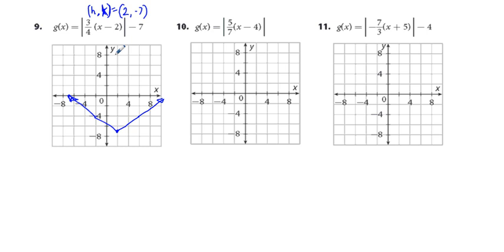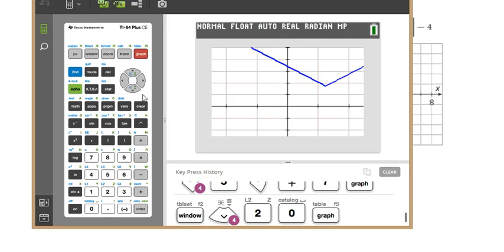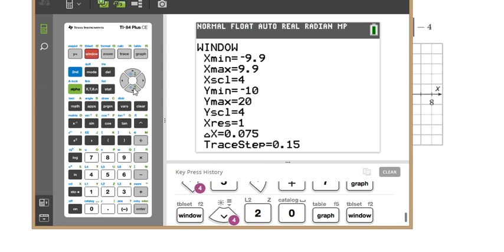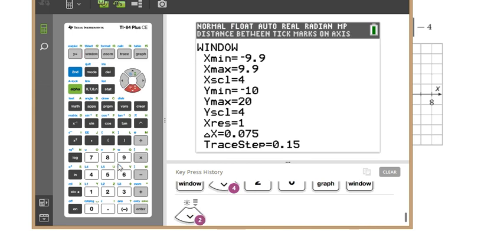And again, we're going by 2. So I'm going to change the aspect. We'll go from -10 to 10 and going by 2. Let's get our calculator. X scale 2, we'll go with -10 to 10.